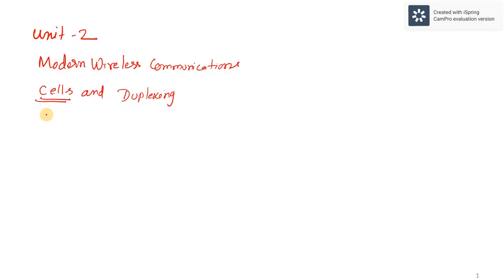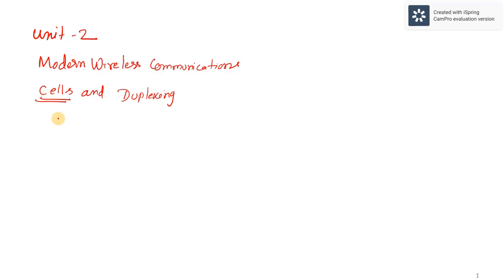And when we are moving to cellular, we can get high capacity in limited spectrum. This high capacity is achieved by limiting the coverage area of the base station to a small geographical area called a cell.